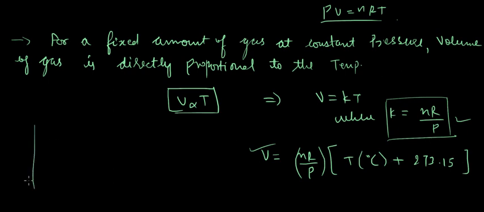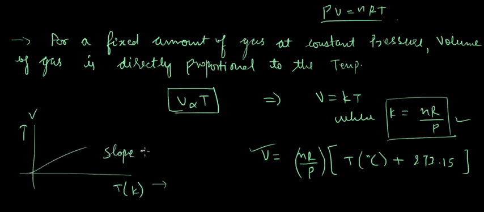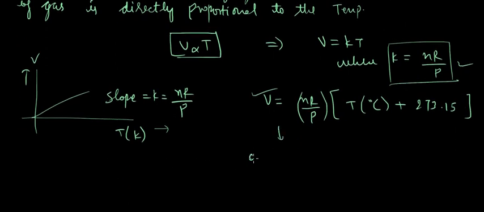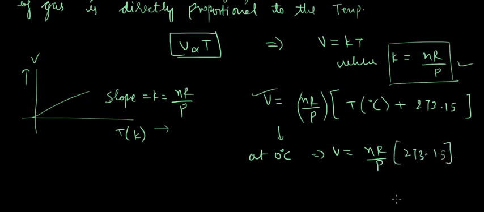So now let's draw some graphs on the same. Let's say temperature is in Kelvin and V is on the y-axis. What would be the nature of the graph? Again a straight line. The slope would be equal to K, which is nR by P. From this equation we can write that at 0 degrees Celsius, V would be equal to nR by P times 273.15.